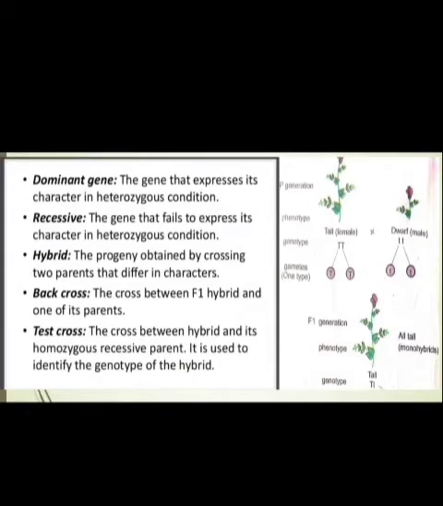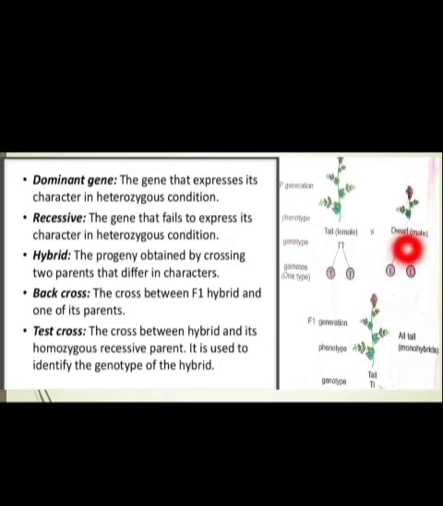See here, once again, tall, these are the two parents, one parent with tall and another with dwarf. Here these are the homozygous. Why are these homozygous? Because they consist of capital T, the same alleles. Small t, again the same allele. So this condition is called as the homozygous.